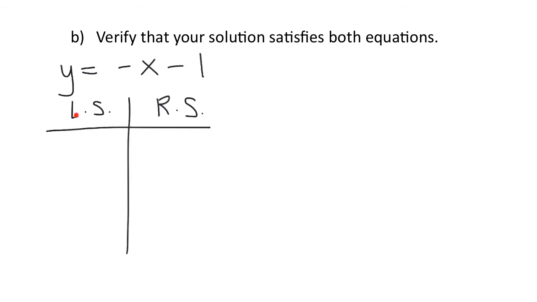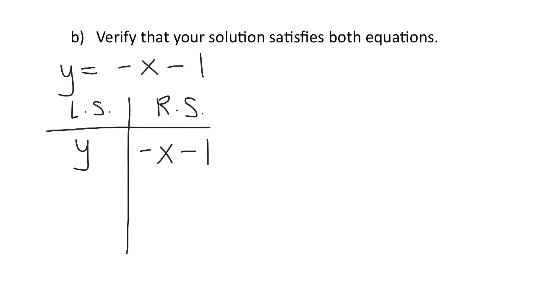So in my left side column, I have the letter y, because the y is on the left-hand side of my equation. In the right side column, I'm going to copy out -x minus 1, since that is what is located or found on the right-hand side of my equation.